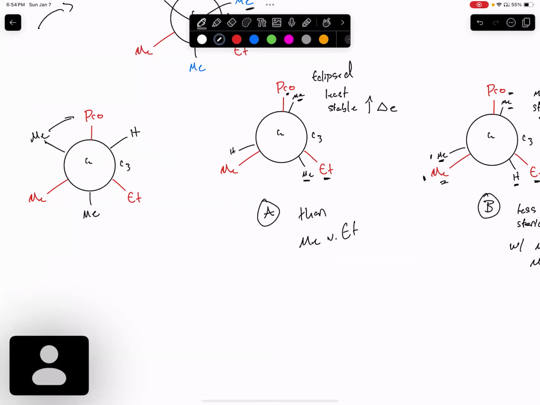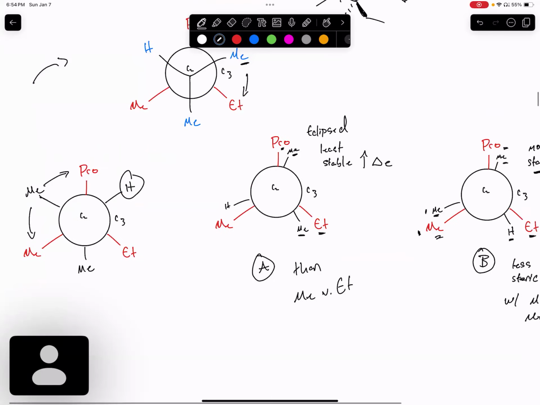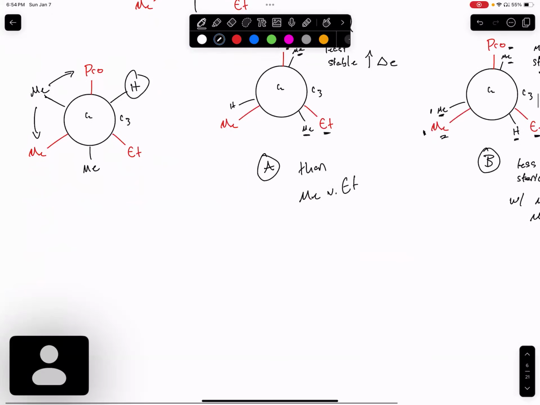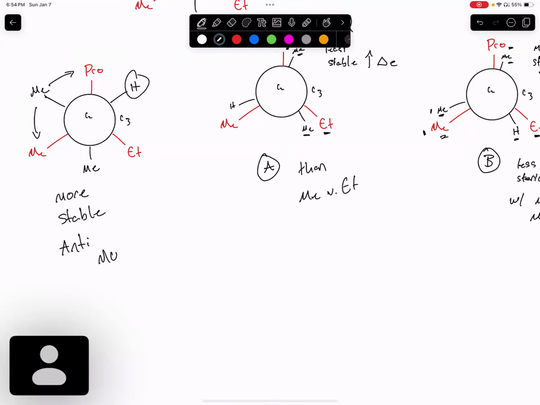Now this metal is closer to a methyl and a propyl. Hydrogen has now taken its place. So in this sense, this is a little bit more stable than the parent. And this would be the anti. Okay, so this would be most stable.